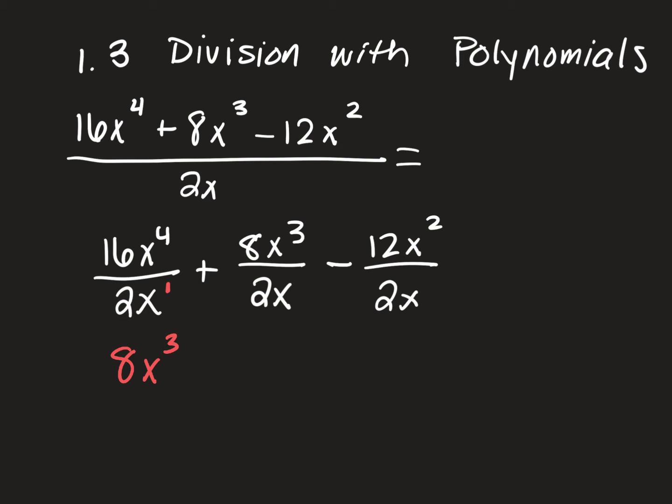Then the next one: 8 divided by 2 is 4, and x to the third divided by x to the first is x squared, or x to the second. Either one of those is fine. Just don't say x2, because then I will fight you. And then 12 divided by 2 is 6, and x squared divided by x is just x.